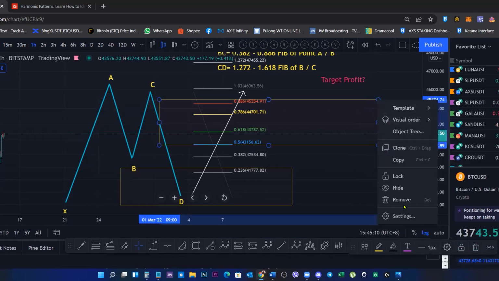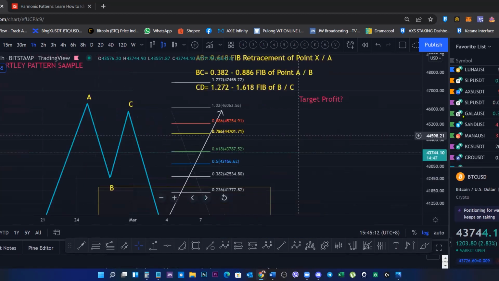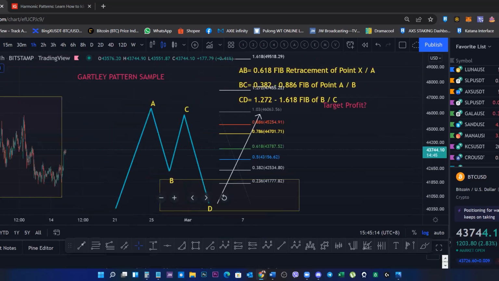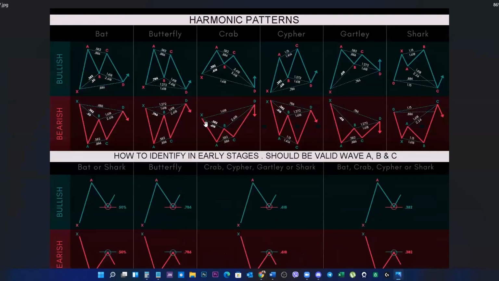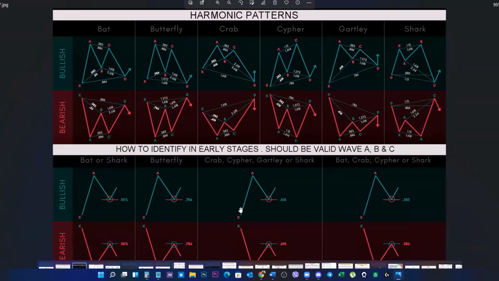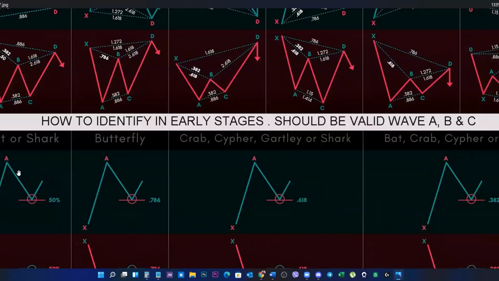So now guys, this is just a sample of our chart. I will share the link of this one, so this will be your guide. For example, looking at the early stage at what pattern this price action and price movement are doing as of now. So we have the bat or shark pattern, which has 50% in Fibonacci, and butterfly 0.786.